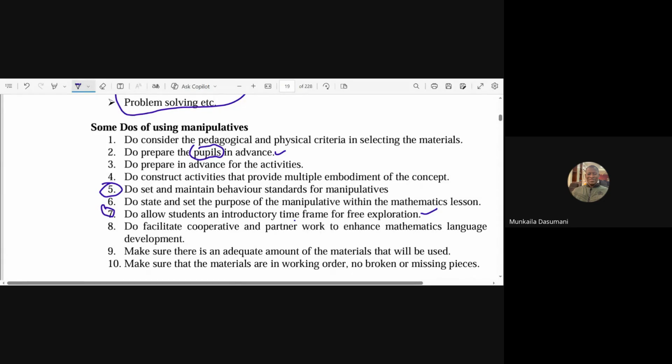And then another important one is the cooperative. When you are using manipulatives, you have to make sure there's cooperation between the students. Make sure there's cooperative and partner work to enhance mathematics language. So if somebody doesn't know, let other people help equally.